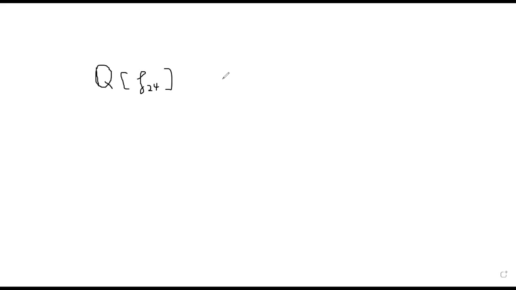It's wrong. So, for example, can we take a square root of 2? Can we express it as a linear combination of roots of unity? Yes. And how would we check that?